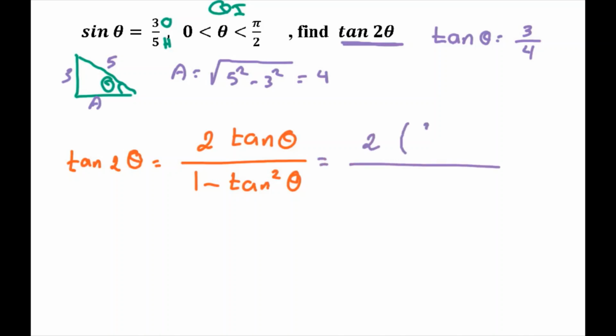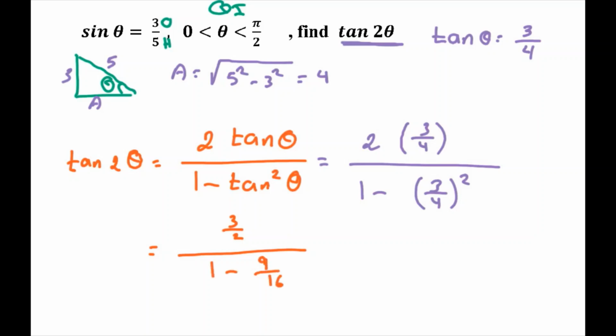So 2 times 3 over 4, over 1 minus 3 over 4 squared, which is equal to, the numerator is going to be 3 over 2. And here will be 1 minus 9 over 16. Of course, you can multiply here by 16 to add them.